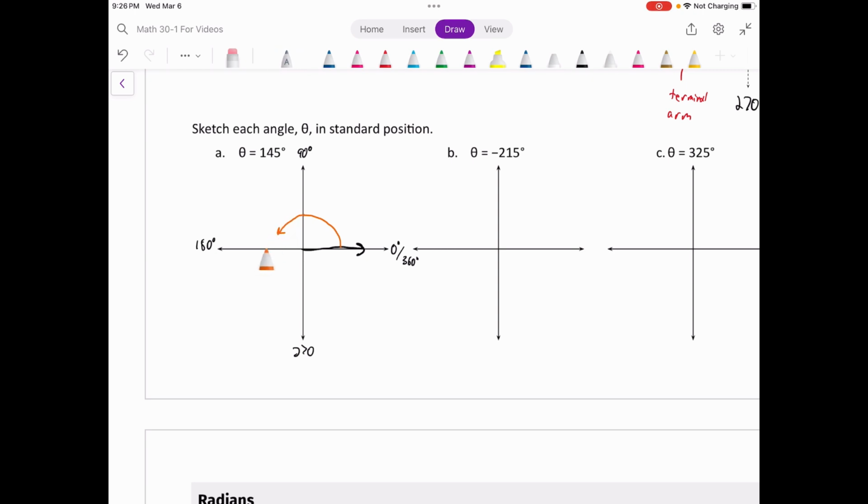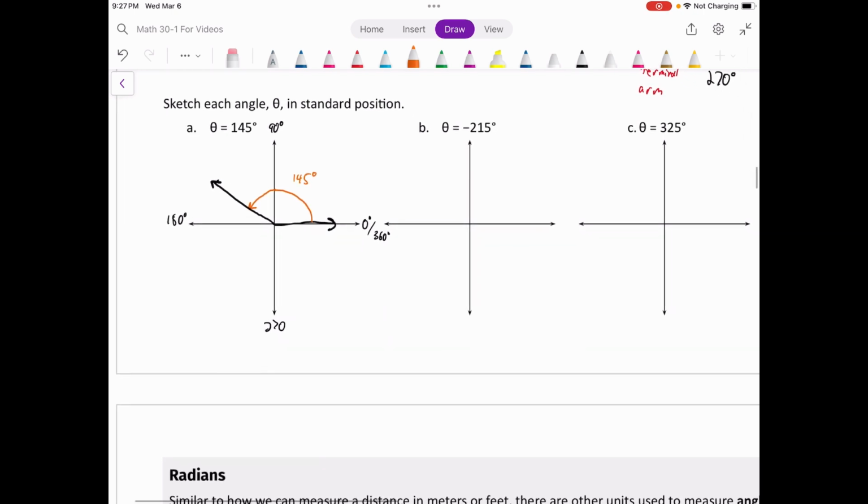There's 90 degrees here total. So we're just sketching. It doesn't need to be perfect, but just making it a little bit past halfway to 180 from 90, right? So past 90 and then about 55 more degrees to get to an angle of 145. And there we go. We've sketched out our theta, our angle.